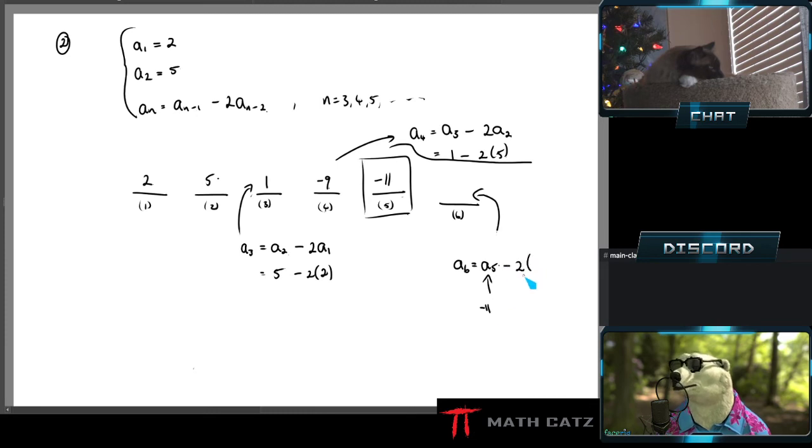Subtract 2 times, why is there a bracket? n is 6, so minus 2 is 4, which means 2 steps back. See, 2 steps back. And A4 itself is negative 9. Oh, that sucks. Okay. So negative 11 minus 2 times negative 9. So that's plus 18. So that is a 7.